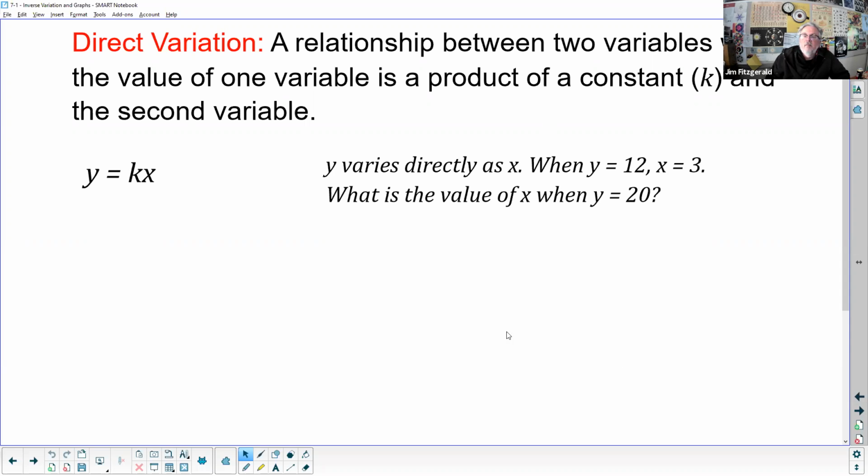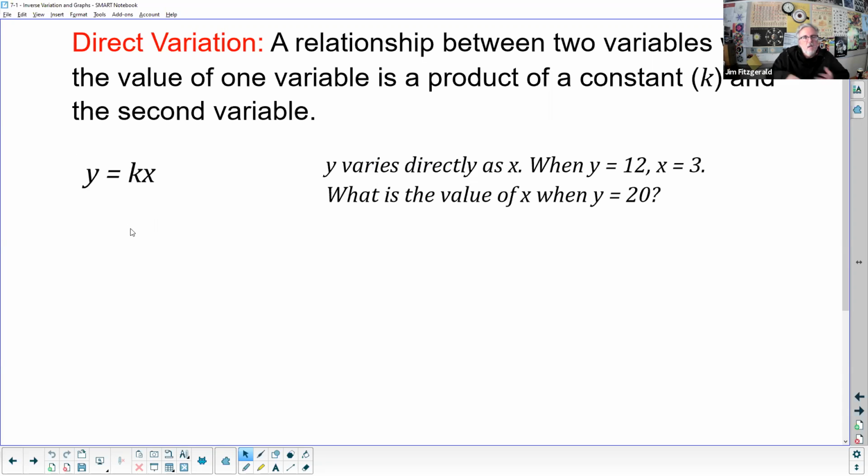And so if I say that y varies directly as x, what that means is that my y value is just my x value multiplied by some number. Okay, that's direct variation. I could say y varies directly as x squared, and that would just mean that my y value would be x squared times some number, right?